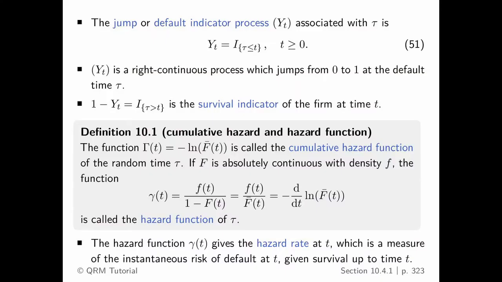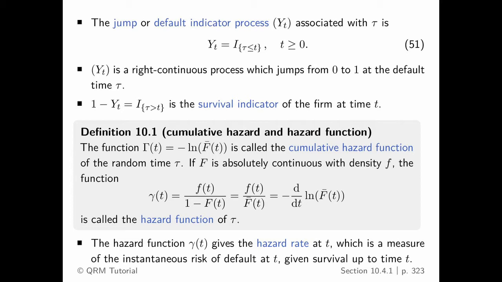And if tau is absolutely continuous and has a density, which is the case for all the examples considered in this context, the function gamma, which is the ratio of the density and the survivor function, or equivalently minus the derivative of the log of the survivor function, is called the hazard function, or hazard rate function. That is the typical object of interest in which we parameterize these models.